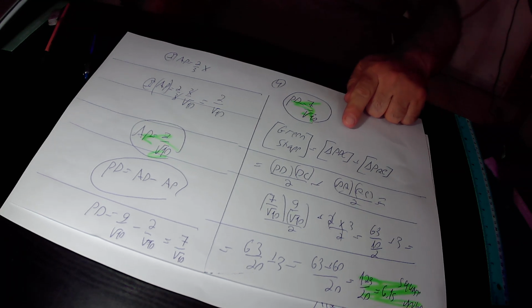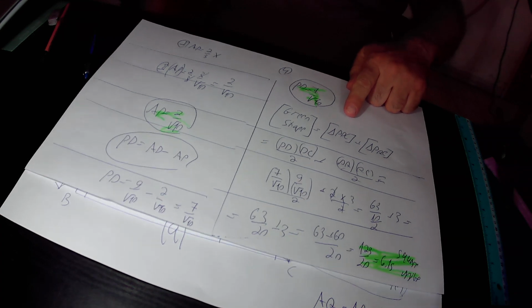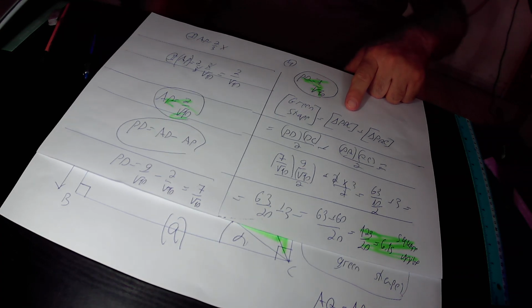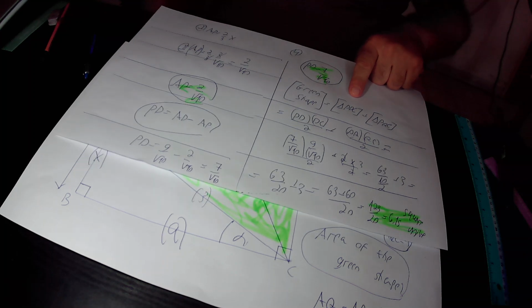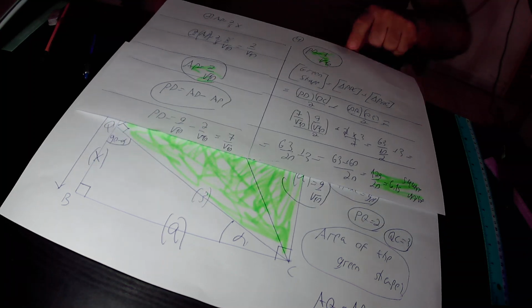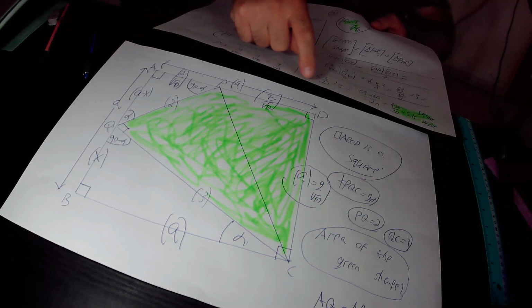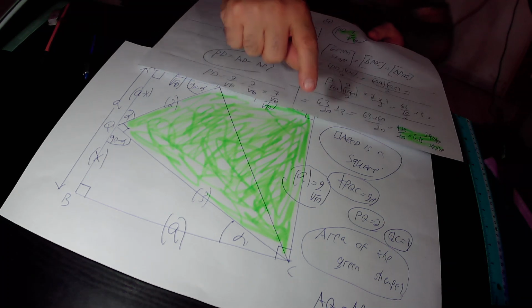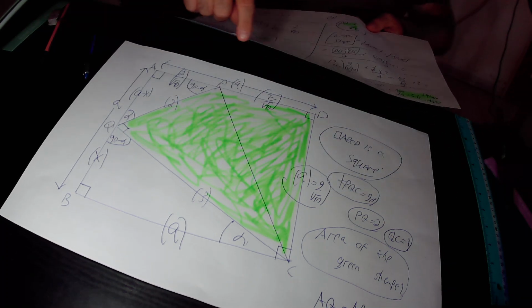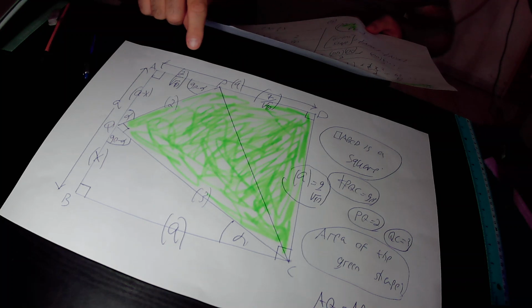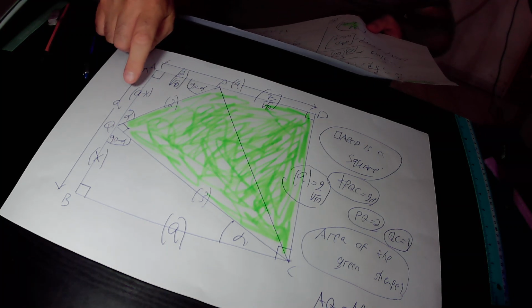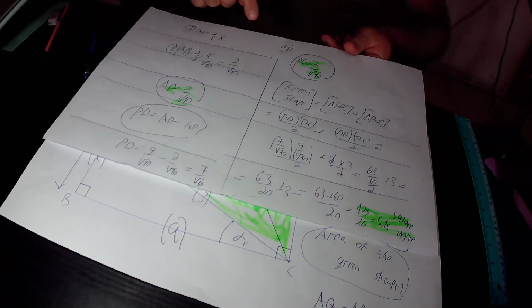So the area of the green shape equals the area of the right triangle PDC, which equals PD, the base, times DC, the height, over 2. Plus the area of the right triangle PQC, which equals PQ, the base, times QC, the height, divided by 2.